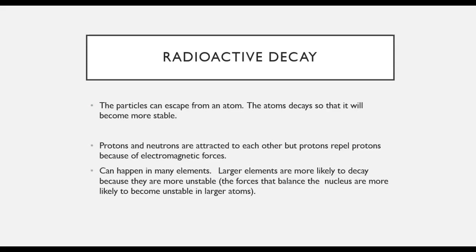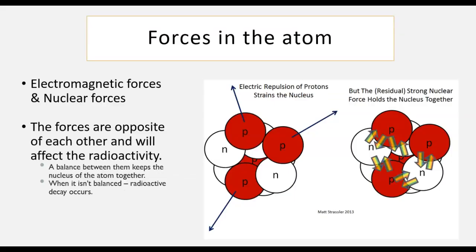Well, they're squashed together in the nucleus, and that force has to be balanced. And that can happen a lot in the elements, that there is some repelling of the different protons or pieces of the nucleus, especially as the elements become larger. Larger things are more unstable than smaller things.